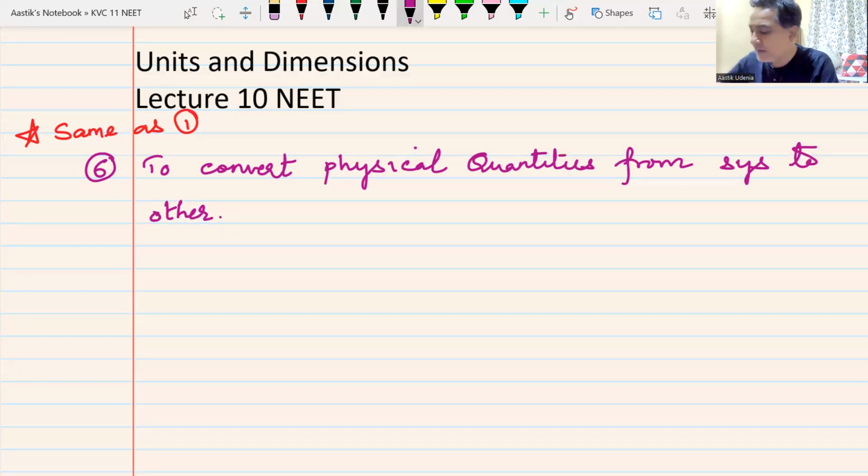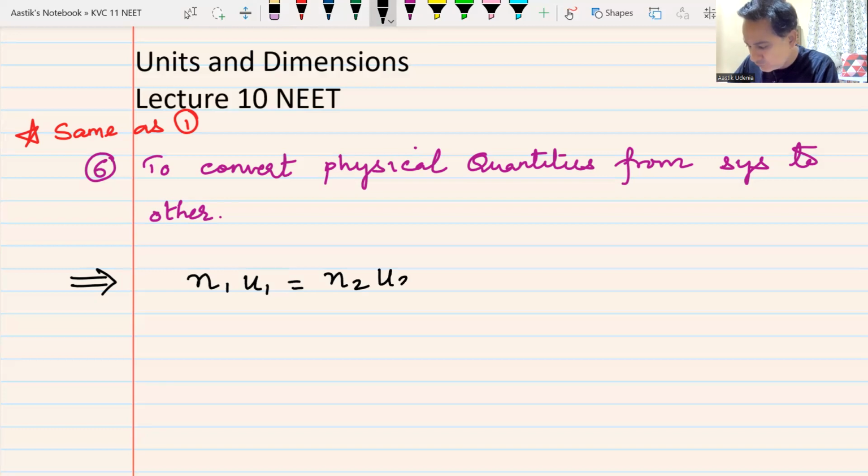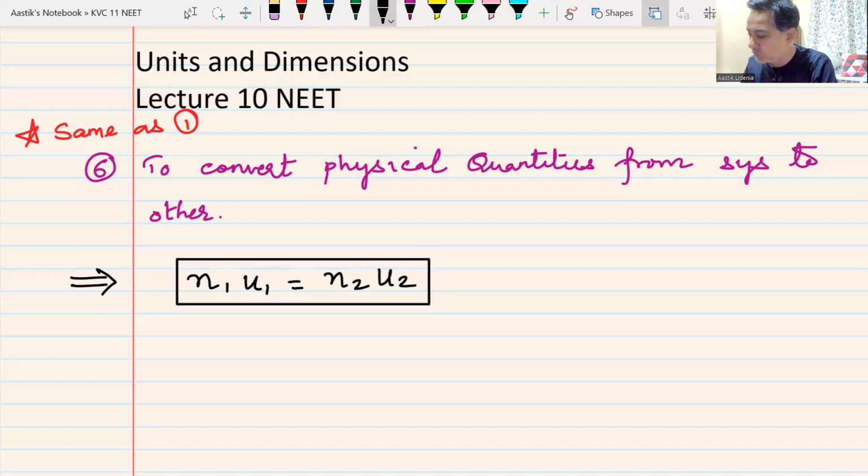Now, whenever we are doing it in this way, what you got to remember is this simple point, which I am going to write: N1 U1 is equal to N2 U2. This is one way of writing it, or you can write it as N into U is a constant.